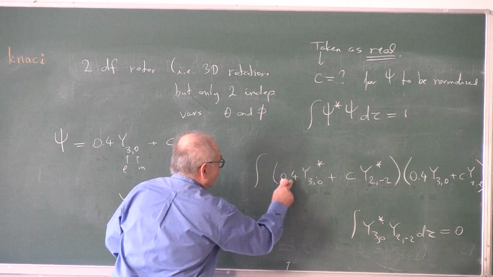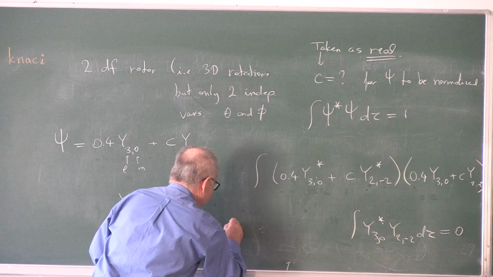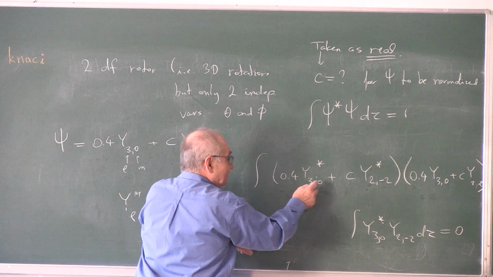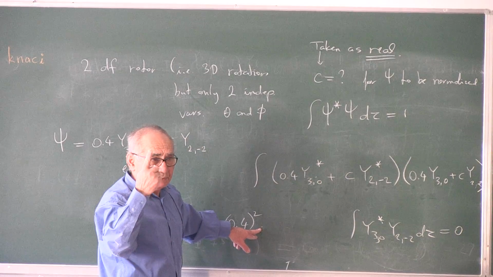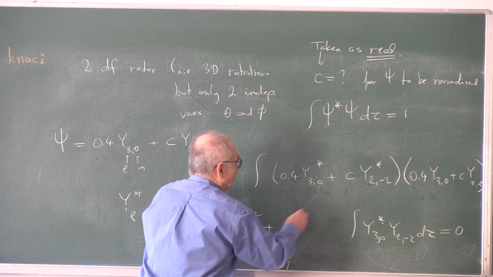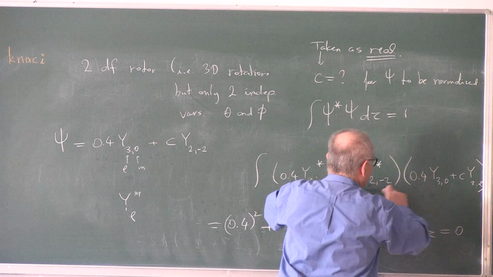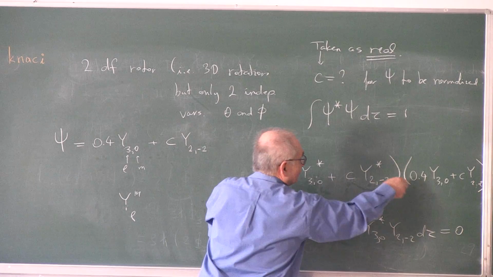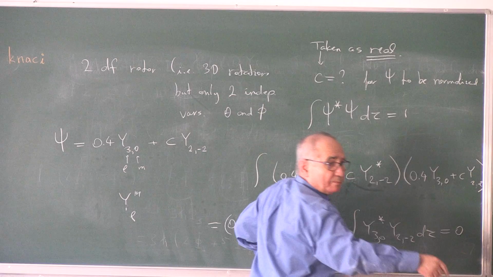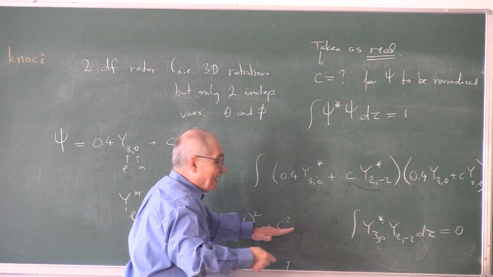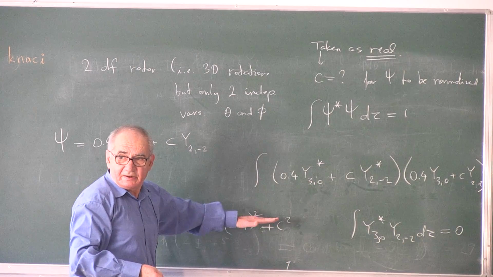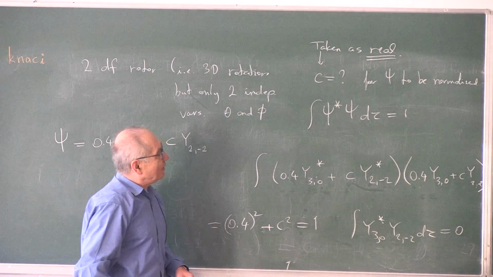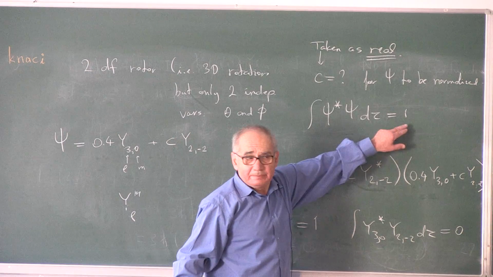So we have 0.4 times 0.4 square times the integral, which is equal to 1, plus c times this term times that term, it gives c square, times this integral, which is equal to 1. So the net result for the integral is this expression, but the normalization condition requires that the result should be 1.